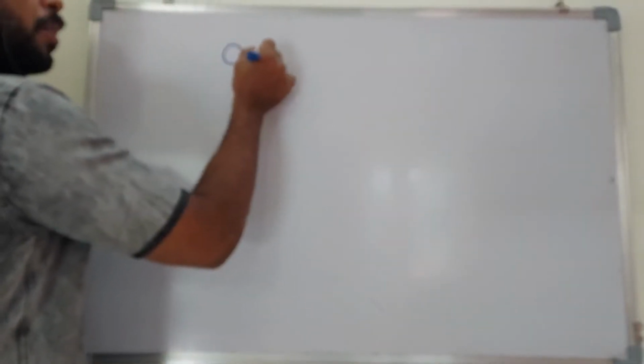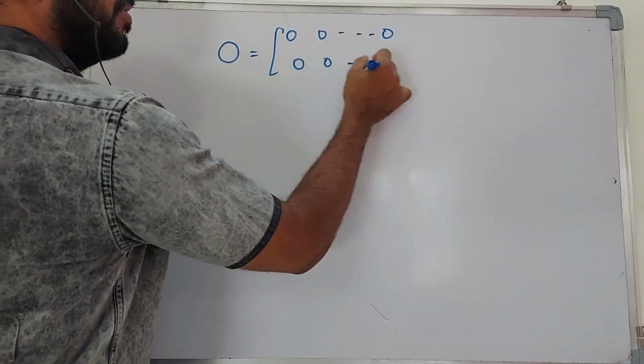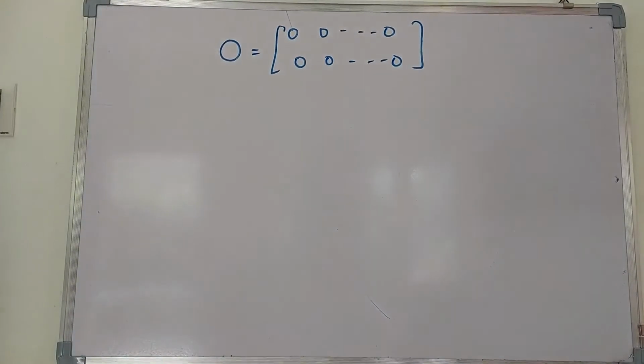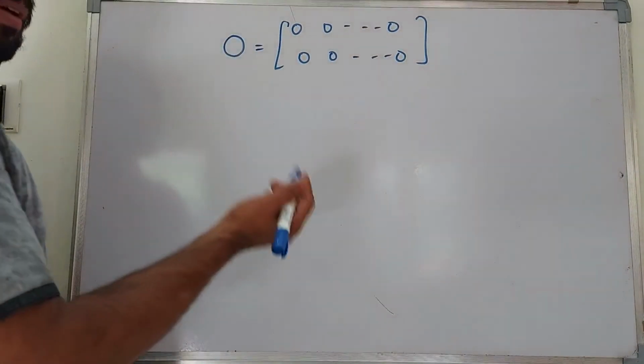Now, if we consider the set of matrices, the additive identity is 0, the zero matrix.